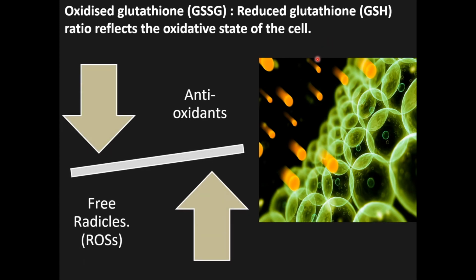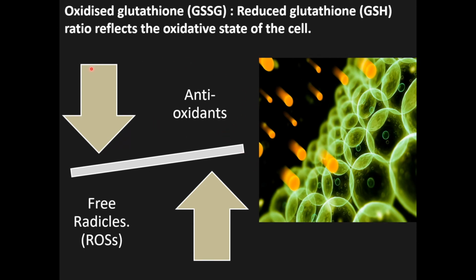But whenever there is increased free radical production, the antioxidants start to run out quickly. So there is increased accumulation of free radicals or reactive oxygen species, and a progressive decrease in the amount of antioxidants.